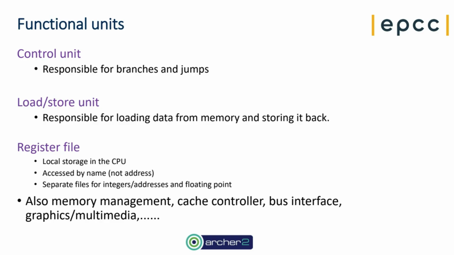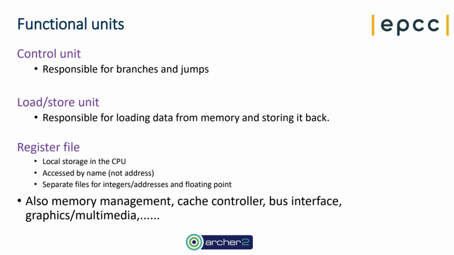And then, as we already talked about, there's the register file. This is the local storage in the CPU. When it says accessed by name and not address, it means that the register file is not part of the memory system. In some sense, it's the top level of storage, but once things get into registers, we lose the information about what memory address they came from.